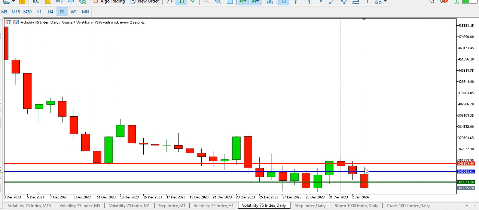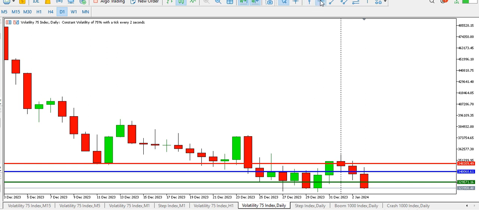Price poked above the pivot line but was unable to get to the first resistance, and price has since dropped below the first support. The first support at the 329571 level has given way, and price has been dropping further downwards.